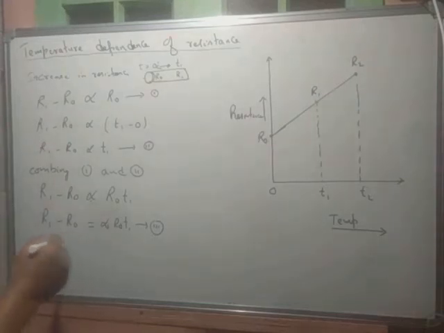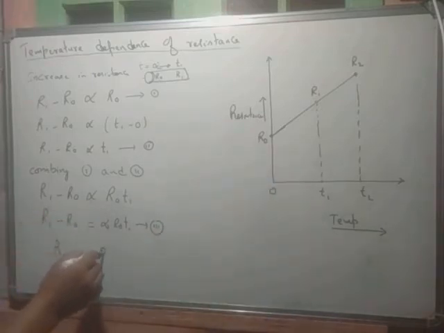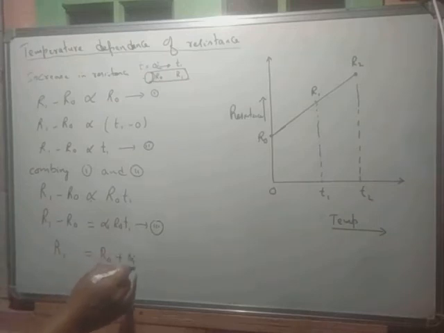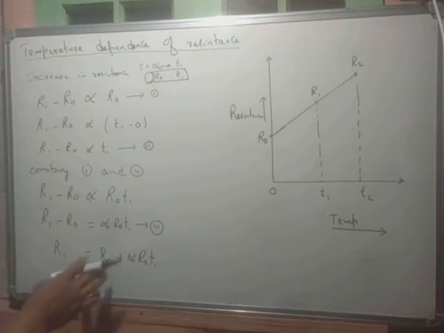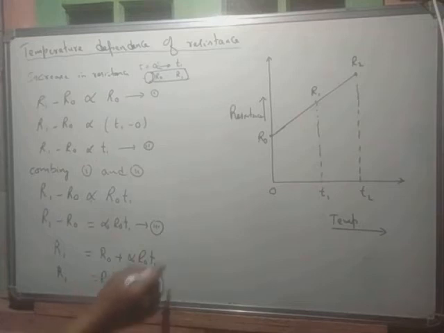Alright, and from here, if you find just the final resistance at a temperature T1, then R1 will be equal to, taking this R0 to the right, R0 plus alpha R0 T1. Now taking R0 common, you will get R0 times 1 plus alpha T1.